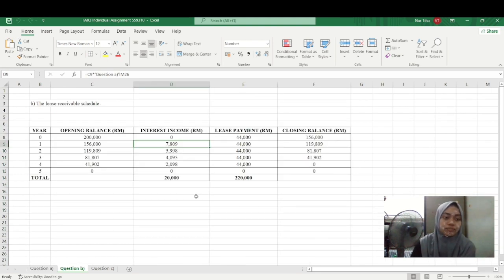For question B is the lease receivable schedule. In this schedule, we have opening balance, interest income, lease payment, closing balance, and also total. For opening balance, we already have it in the question, and the installment is also already given.